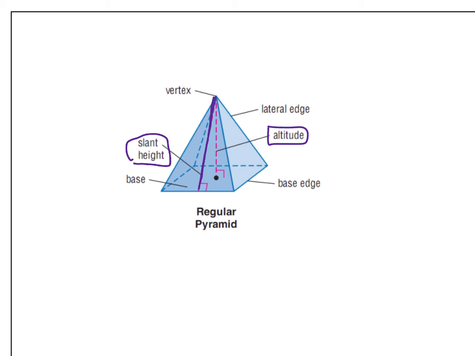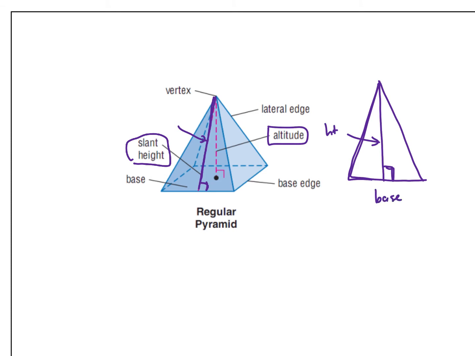If I consider that all four sides of this are a triangle, my slant height in terms of a triangle would just represent my height, which when paired with my base means I can figure out that area. Remember, that's just 1/2 base times height. That's what I'm working towards.